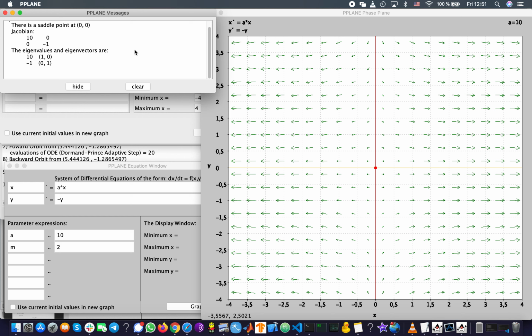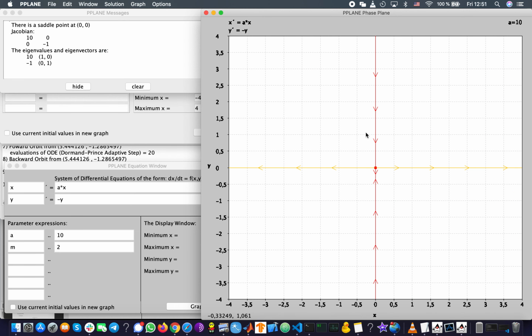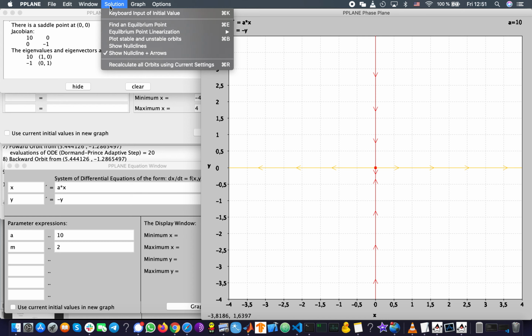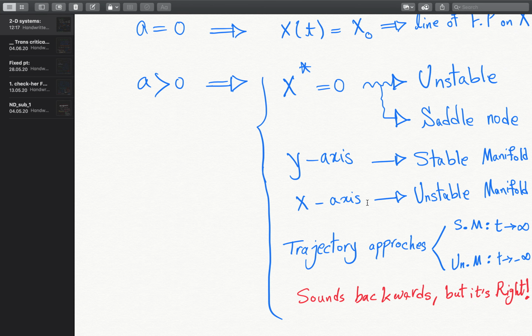Let me show the null clines plus arrows. So these null clines are attracting toward equilibrium, but this null cline is repelling from it, right? This is actually the thing that is very important and governing this.